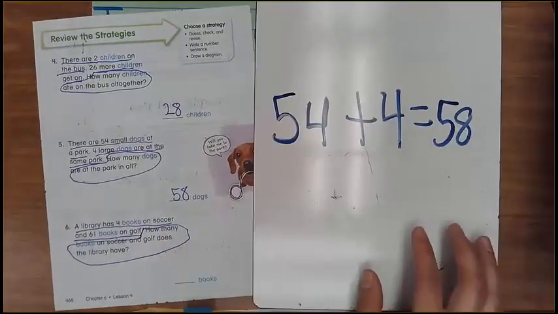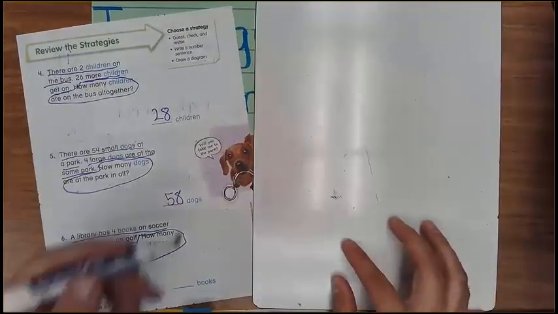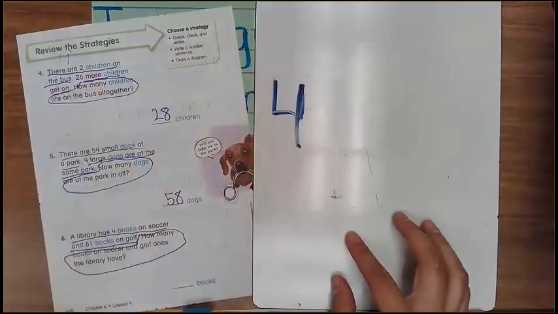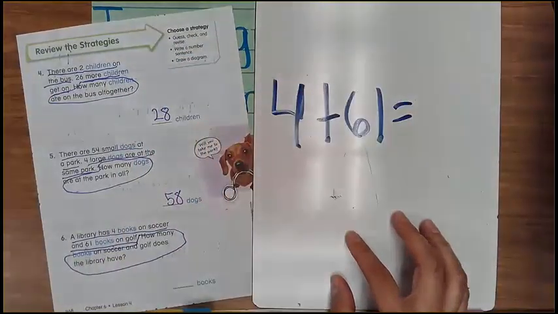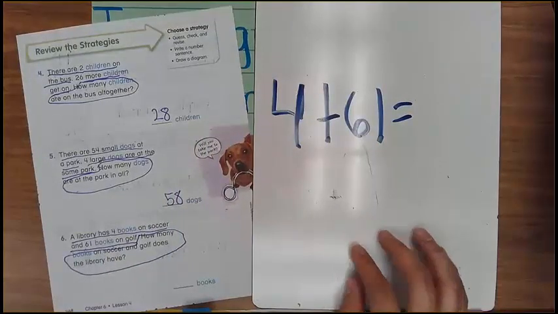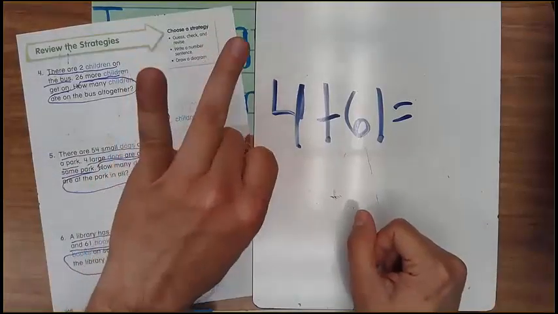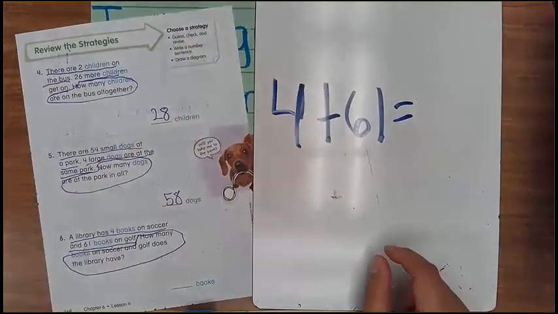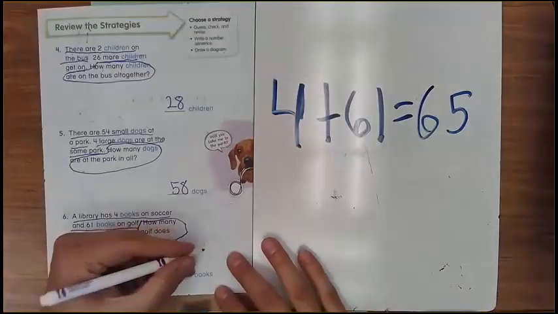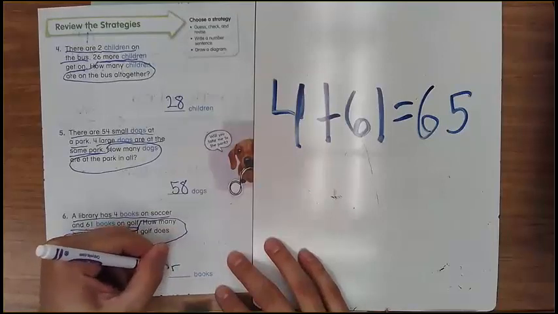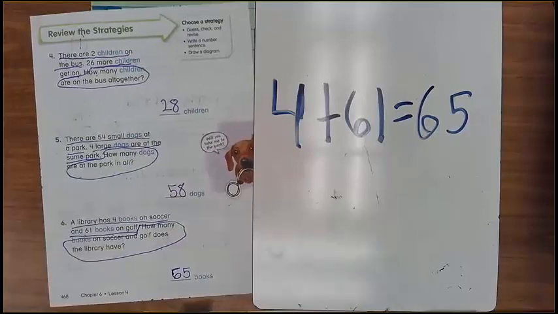So we know that if they have 4 books on soccer and 61 books on golf, now let's count on, using the bigger number, count on 4: 62, 63, 64, 65. So that's 65. So the total must be 65 books in all.